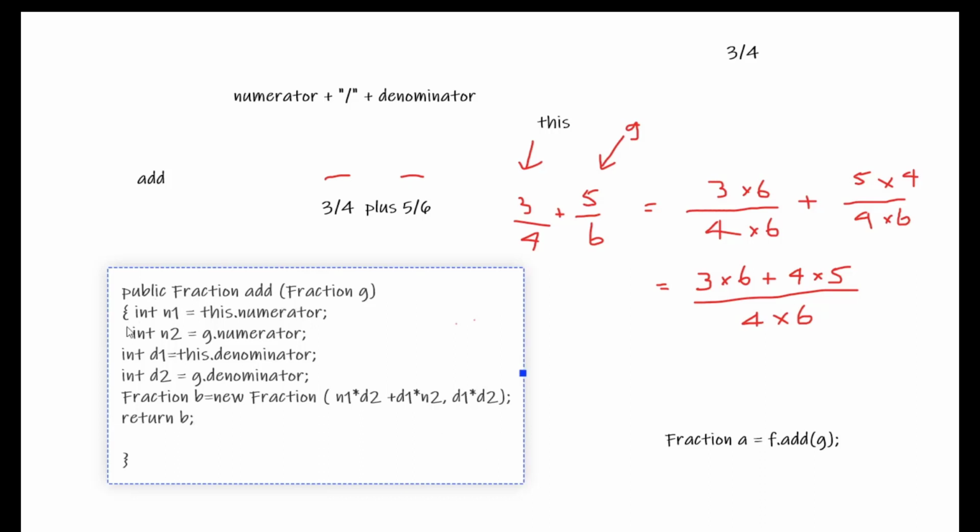So copy these into each of your add, subtract, multiply, and divide, and then just go through this, and don't do all the physical multiplications. Just figure out how you do it, and then create your new fraction. The subtract is remarkably similar, because the only thing different here is that you have a minus sign.